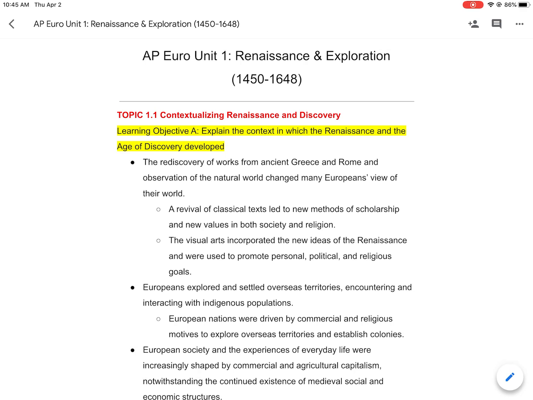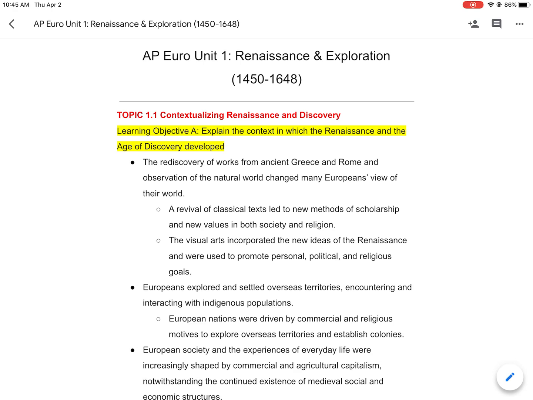And these smaller bullet points right here, a revival of classic texts led to new methods of scholarship and new values in both society and religion. And I like to point that out because some of the things that the AP test is going to focus on is social changes, how events and things change socially.